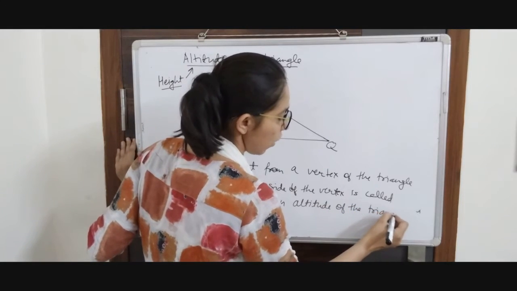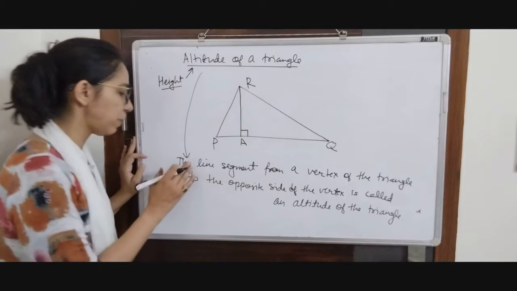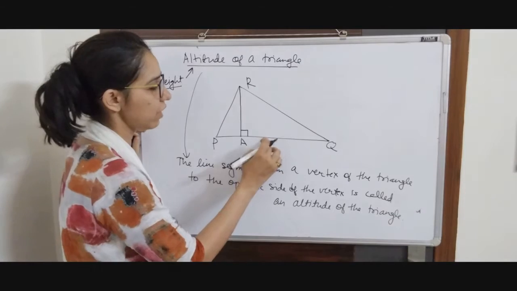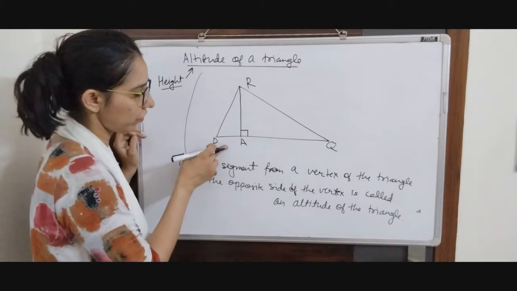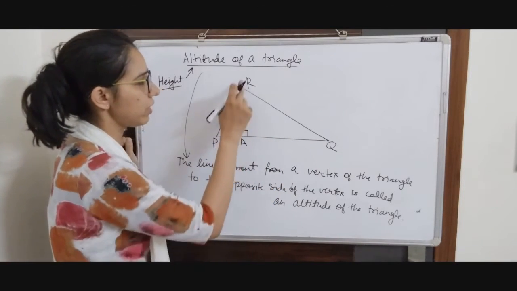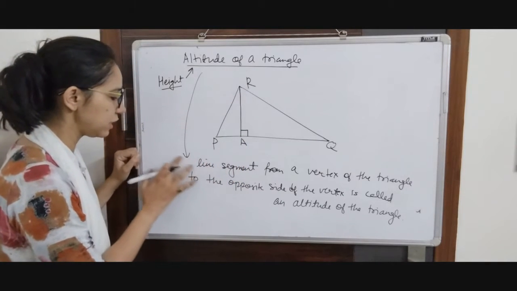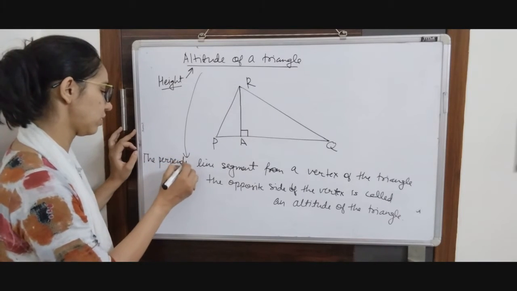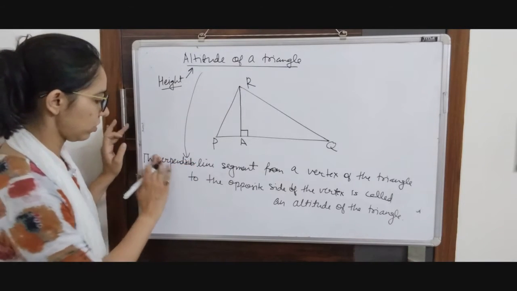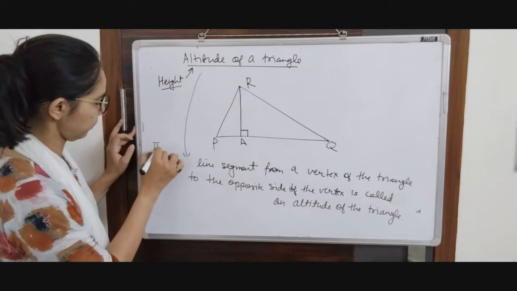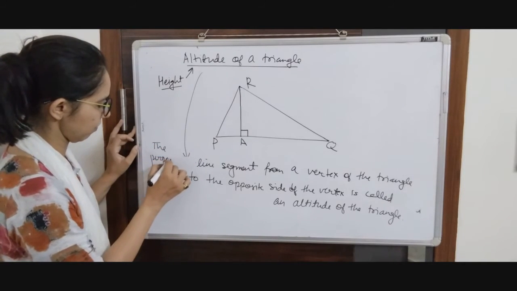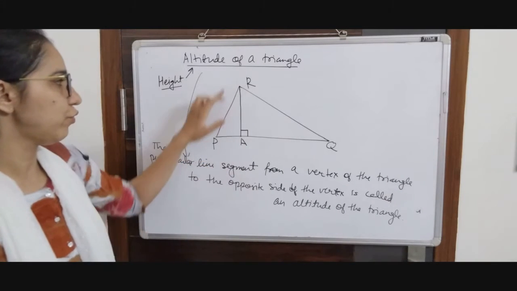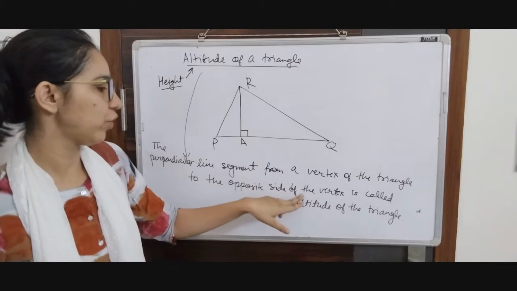Okay. Now one thing is missing here. We missed perpendicular. This line segment, we can join anywhere on this opposite side. But where it is making an angle of 90 degrees, that is the perpendicular. So we will write: the perpendicular line segment from a vertex to the opposite side of the vertex.